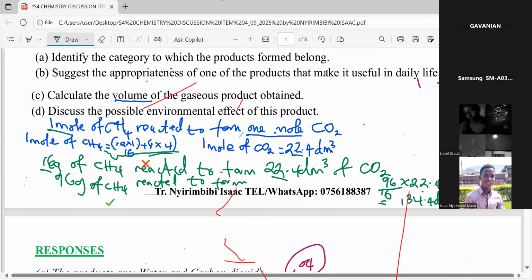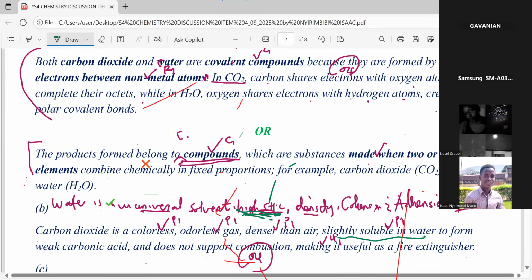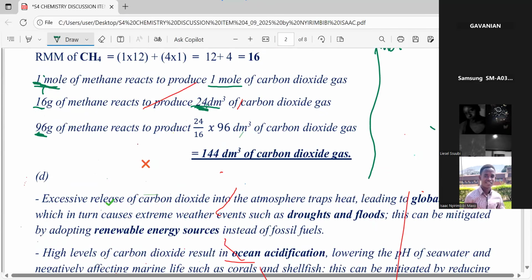But as I said, if they set an item, they will always specify whether it is at STP or at RTP. So here, for us to be specific, we can say at RTP, where it becomes 24. Are you getting that? Yes. Yeah. Thank you. Okay, welcome. Okay, Subi, thank you.